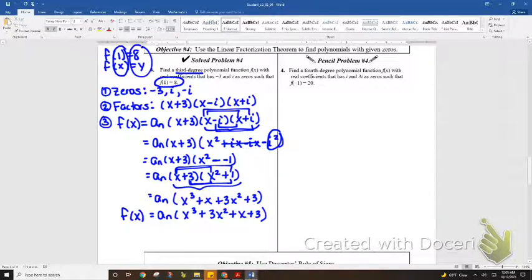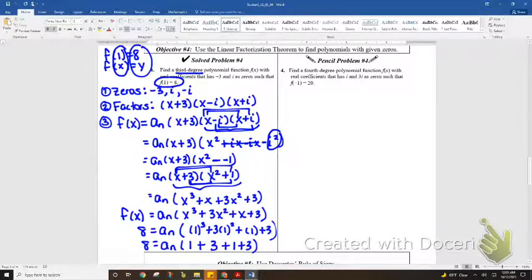So we're going to plug in 8 equals a sub n times, and for every x we're going to put 1. So this is just 1 cubed plus 3 times 1 squared plus 1 plus 3. And we're just going to solve for a sub n. So 8 equals a sub n times, let's give us 1, plus 1 squared is 1 times 3 is 3, plus 1 plus 3.